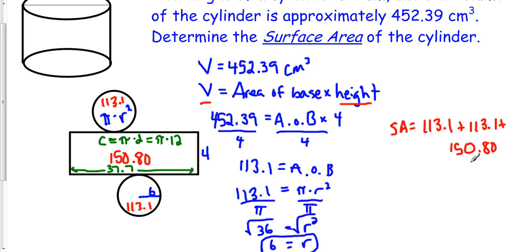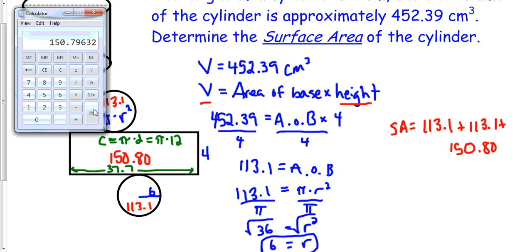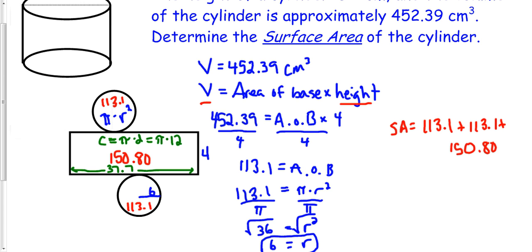We'll type that into our calculator: 113.1 plus 113.1 plus 150.80, and we get 376.996, so about 377 if we round it. And that would be centimeters squared.